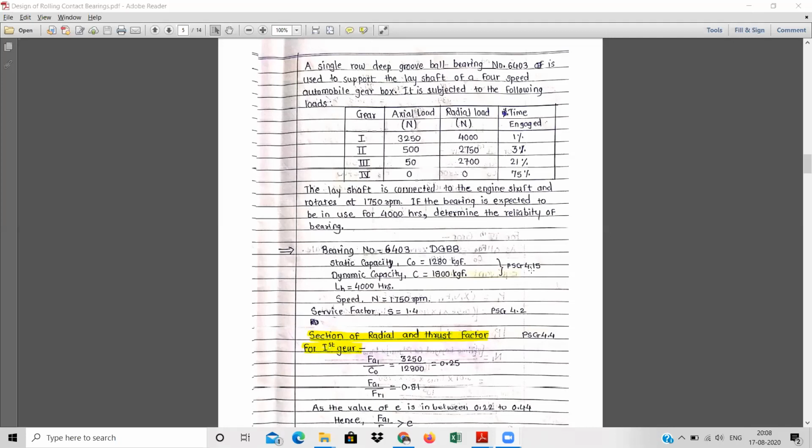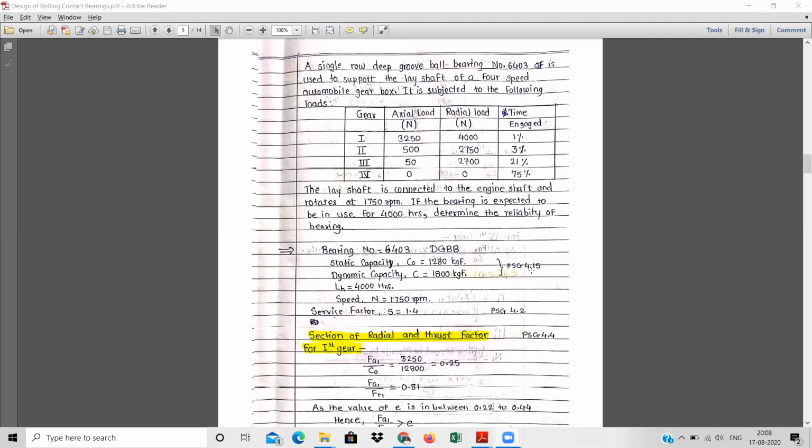Then gear number 3: axial load is 50 Newton, radial load is 2700 Newton, and the time of engagement is 21% of total time. For fourth gear, axial load and radial load are 0 and the time of engagement is 75%. So here the load is neutral, and in this condition the vehicle is engaged the most.